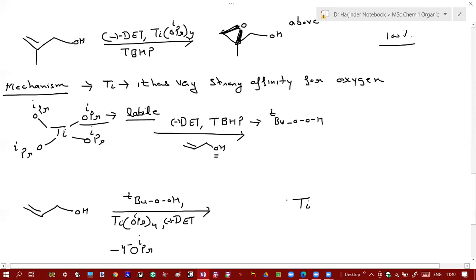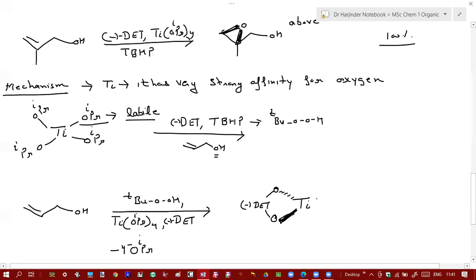From one side, it will combine with diethyl tartrate. Since diethyl tartrate is chiral, from one side it will be above the plane or below the plane, depending upon the remaining structure of this diethyl tartrate, whether it is plus or minus. So here we are using minus. These are the 2 oxygen atoms of diethyl tartrate that have combined with this titanium metal from one side.